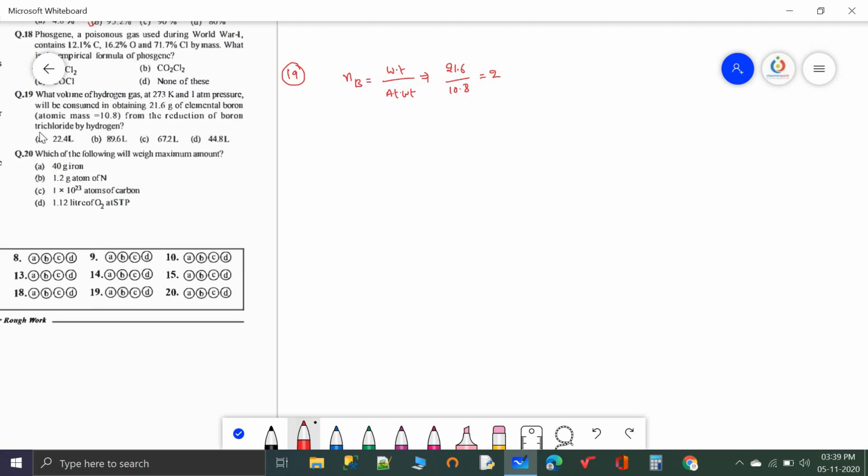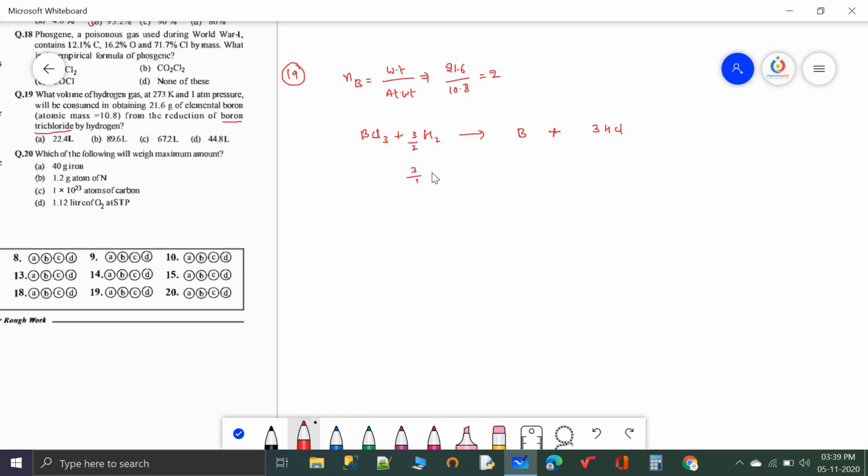So let's write down the molecule from which they are getting the boron: boron trichloride. BCl3, let's write the balanced equation. It reacts with hydrogen and gives atomic boron. All the Cl will be converted to hydrogen chloride, so that we get 3HCl. So 3 hydrogens are there, so we can write 3 by 2.